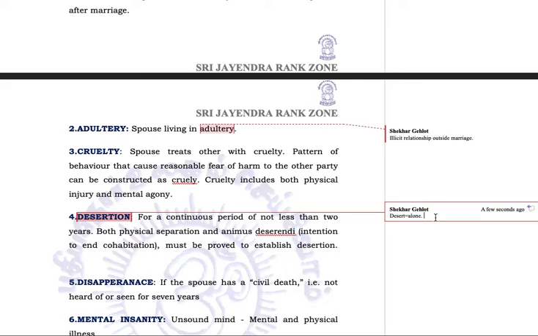Desertion is that one spouse willingly left the other spouse for more than 2 years. It is not merely a physical separation, but intention to stay away should be there.